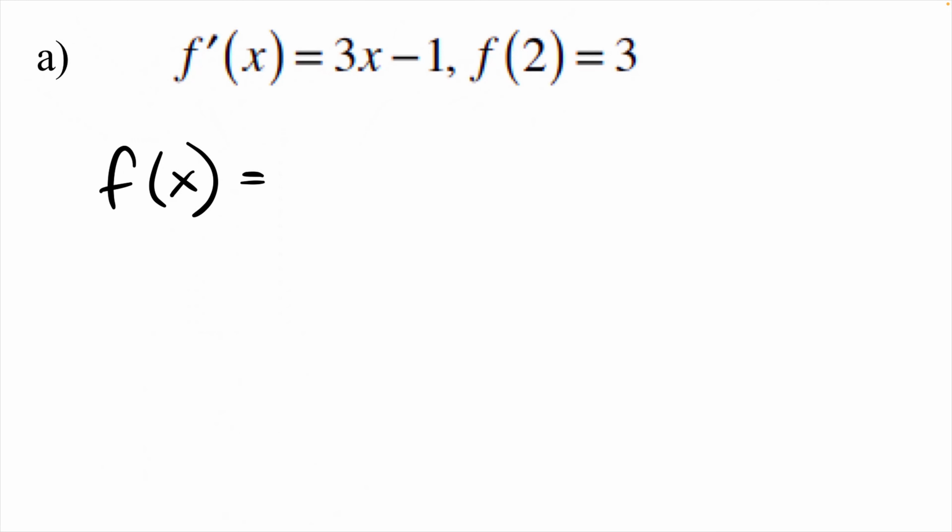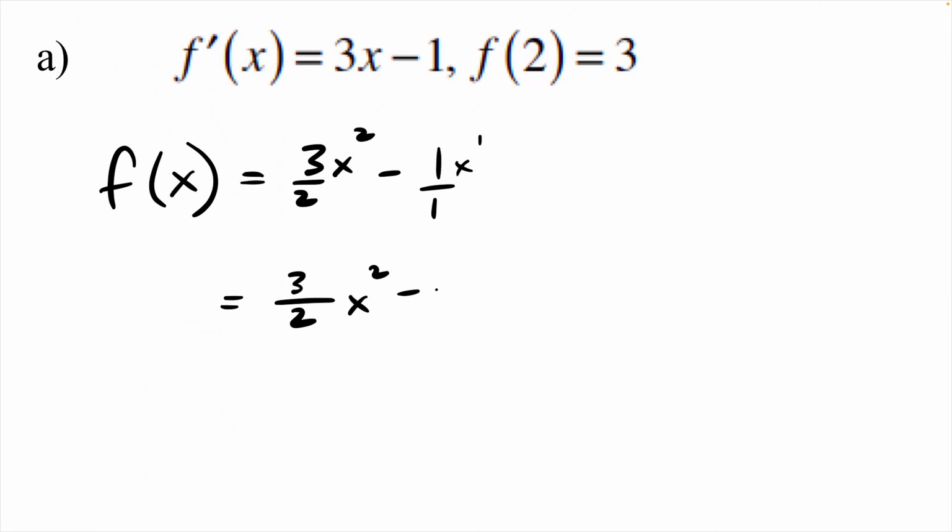So remember, the power rule for antiderivative said add 1 power, divide by that new power. So this would be 1x to the first over 1. So in other words, it's 3 over 2 x squared minus x.